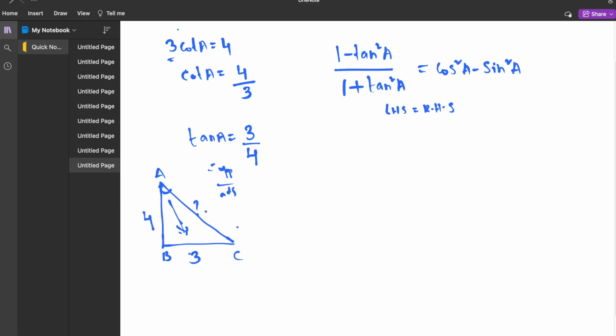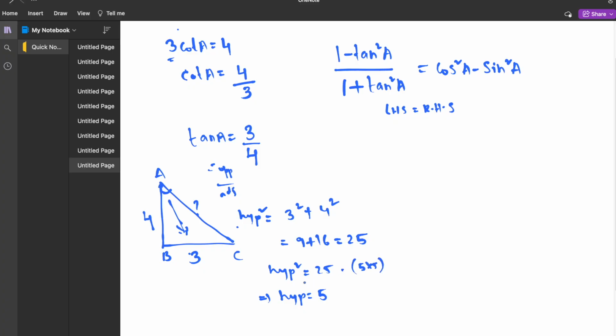Now we need to find the hypotenuse. Hypotenuse square is nothing but the sum of squares of the other two sides of a right angle triangle. So 9 plus 16, that would be 25. So hypotenuse square is 25, implies hypotenuse is equal to 5, because 25 is nothing but 5 into 5. Okay, so hypotenuse we got 5.